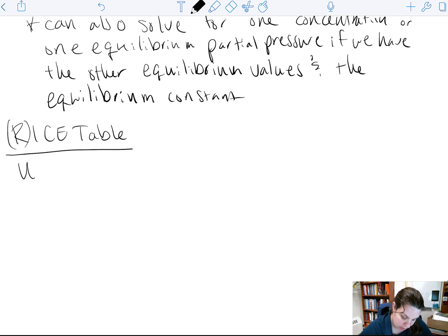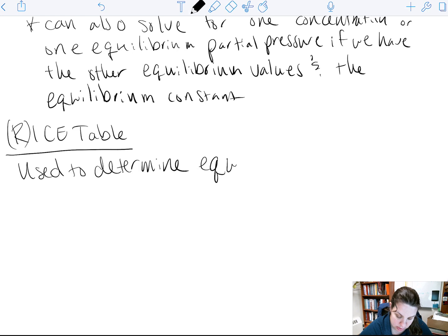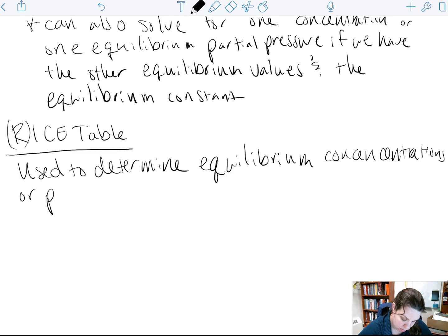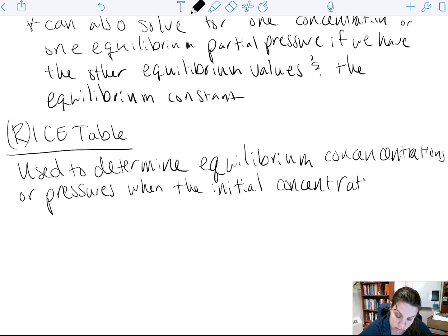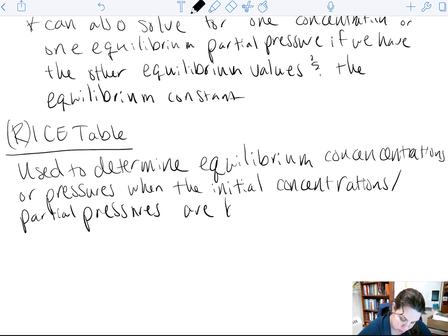So it's used to determine equilibrium concentrations or pressures when the initial concentrations or pressures are known, along with the equilibrium constant.